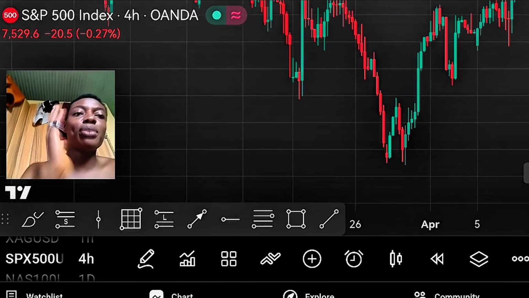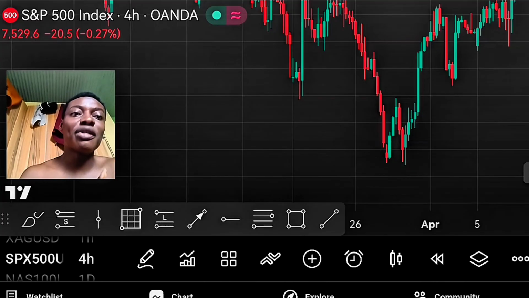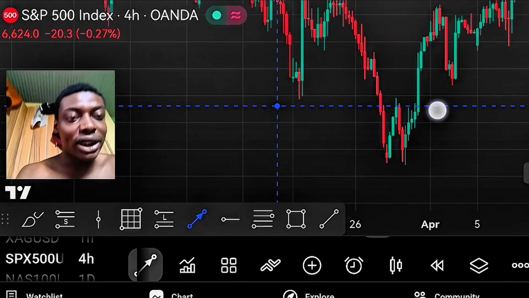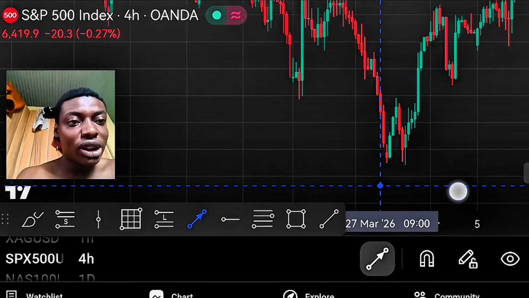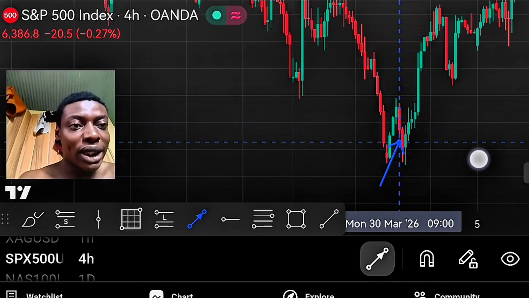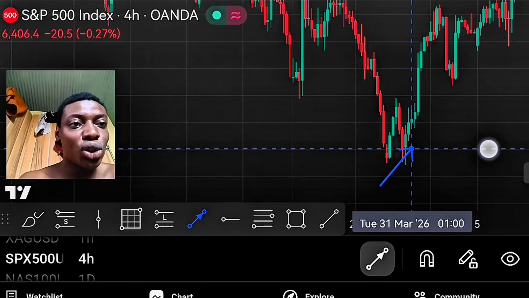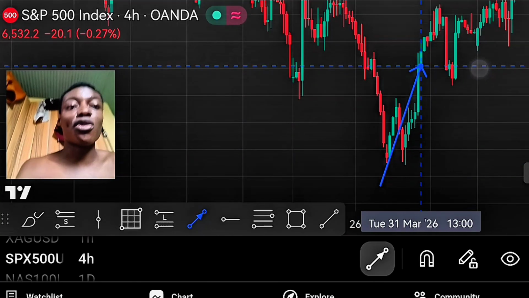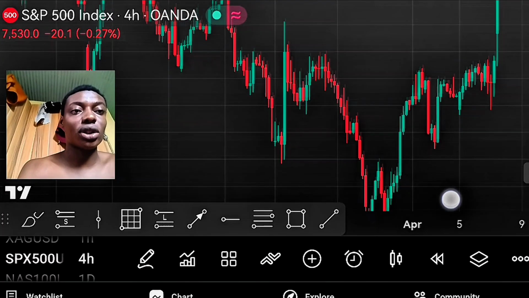For us to have a bullish break of structure, we need to have a bullish movement up, which we had here. This is the bullish movement up, and a bullish movement down, and a candle closing above the bullish movement for a bullish break of structure.